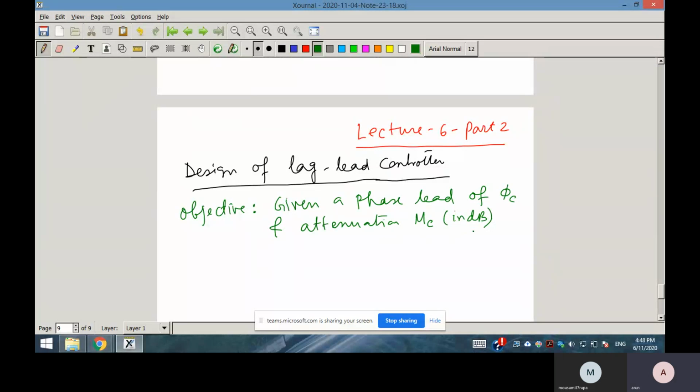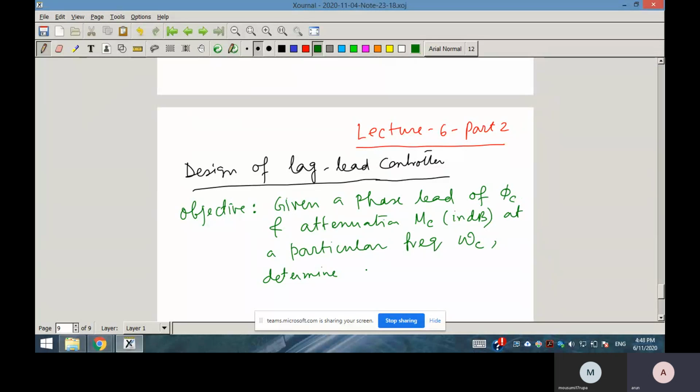Mc is negative, remember that, but phase lead phi c is positive. At a particular frequency omega c, determine the controller parameters.